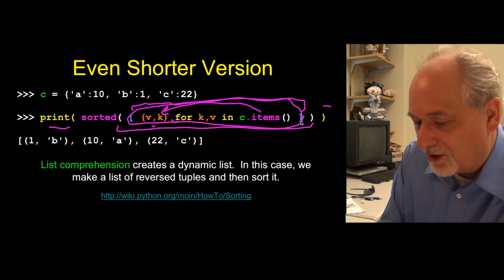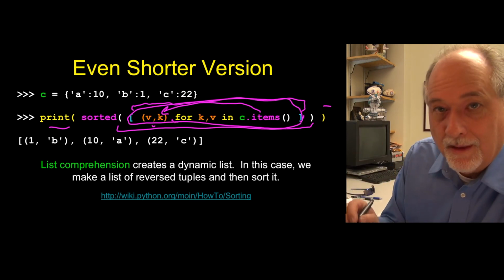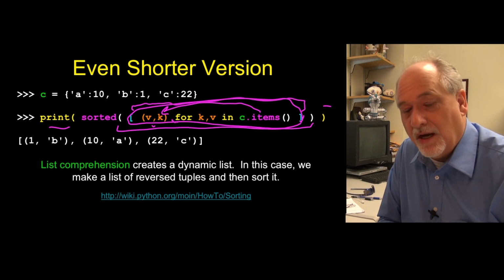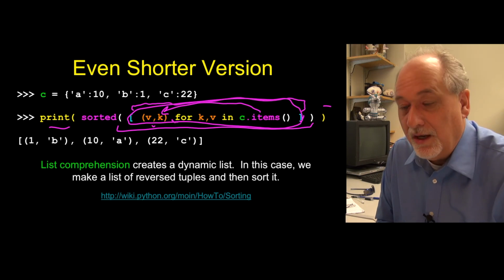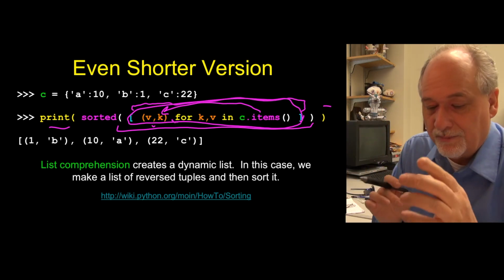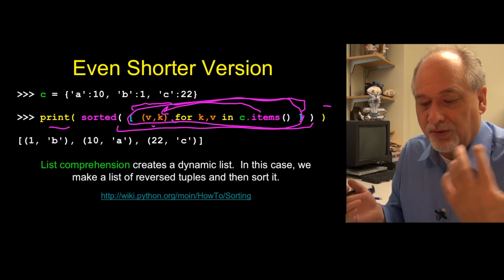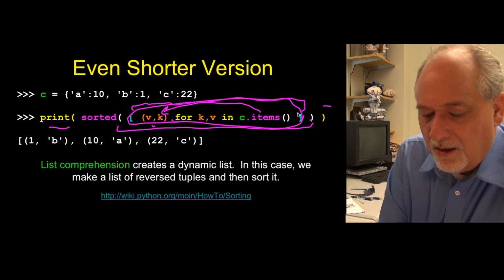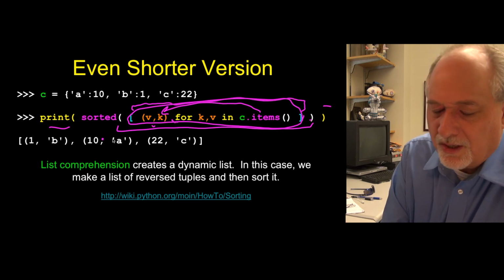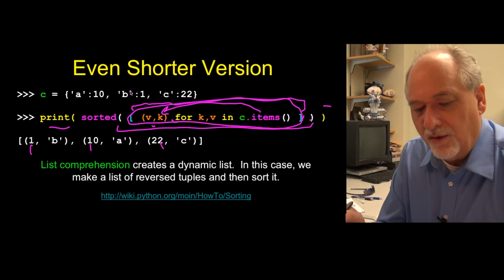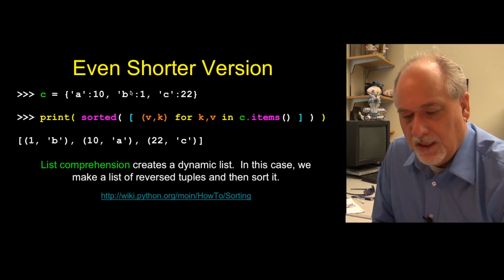Python makes that list according to the stamping pattern that you've told it, and then it passes that stamped out list without even storing it in a variable into sorted. Sorted moves the list around because it is just a list of tuples, and then gives us back the sorted list. And so I didn't put reverse equals true on here, but you see that this is sorted in ascending order now by key. And I did that all in one little statement.